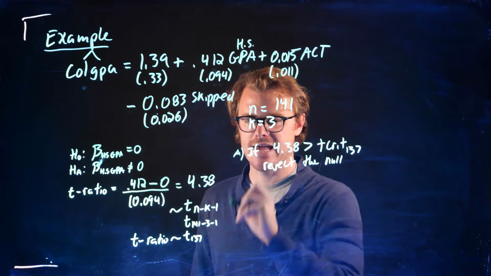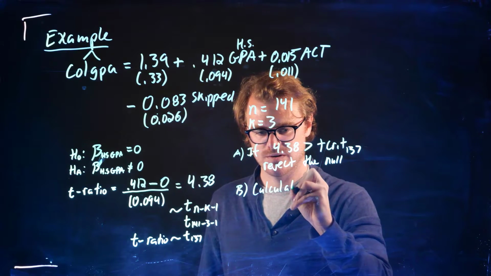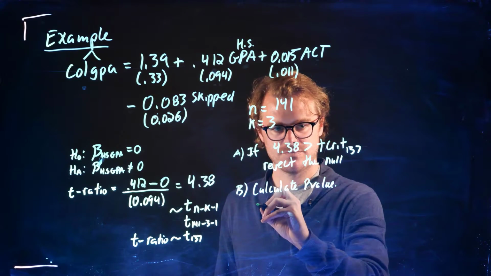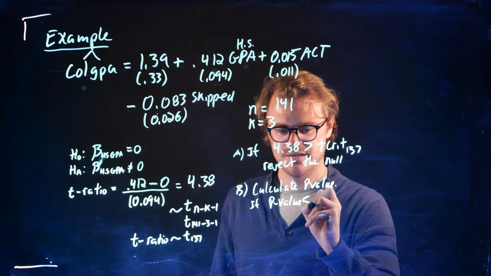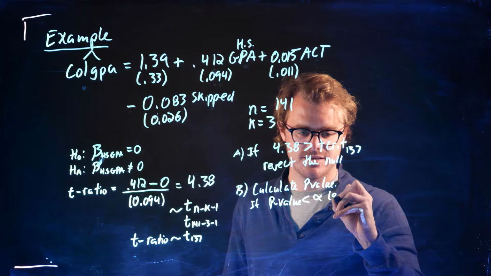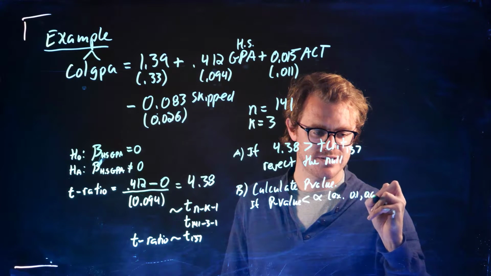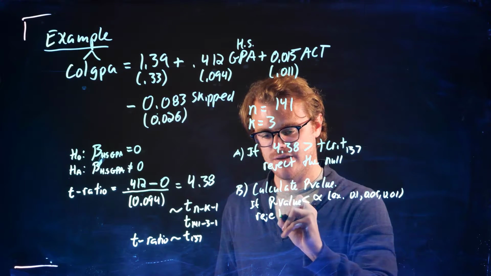So that was option A. Option B would be to calculate the p-value. If this p-value is less than alpha, for example 0.1, 0.05, or 0.01, then we can reject the null.